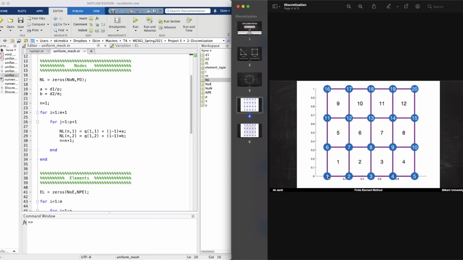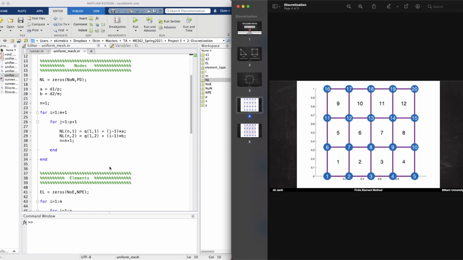This should be the x-coordinate of node 1 again plus 2a, and so on. And similarly, we have the same logic but in the y direction now. So this should be the y coordinate of node 1 plus b, and this is plus 2b and 3b, and so on.